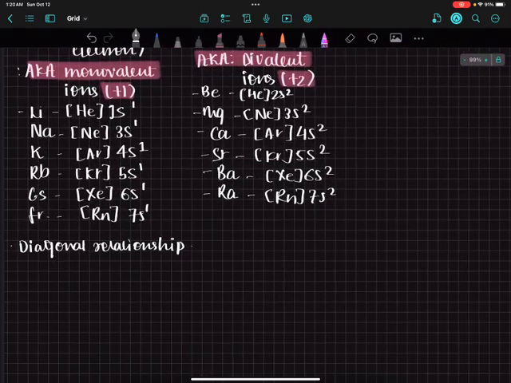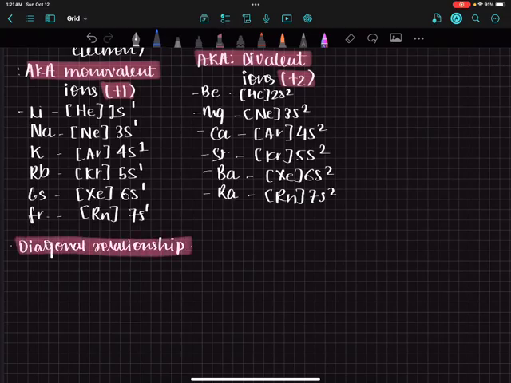Now let's learn about the diagonal relationship of S block elements. Lithium will show a diagonal relationship to magnesium, and beryllium will show a diagonal relationship to aluminium.